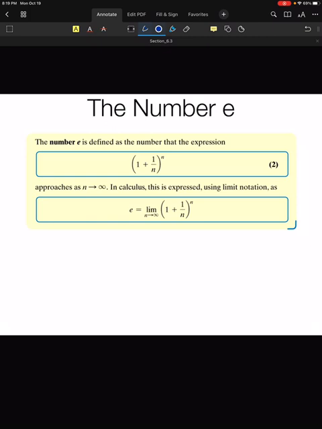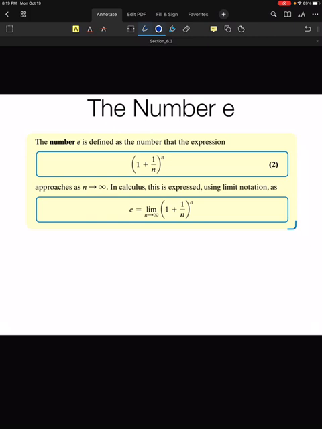So e, like pi, is a special number, and it's a number that has an infinite number of decimal points, and it just keeps on going. E can be defined in many ways, and I put this here, but it's not important. What you need to remember, most of all, is that e is just a number.